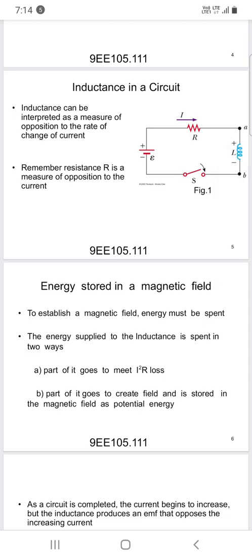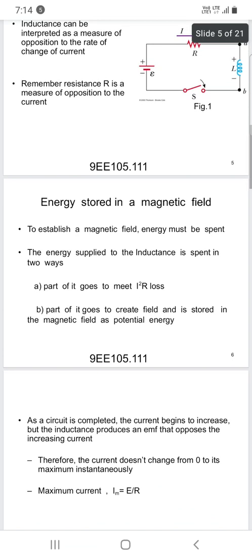Now the energy stored in the magnetic field. To establish a magnetic field, energy must be spent. The energy supplied to the inductance is spent in two ways.